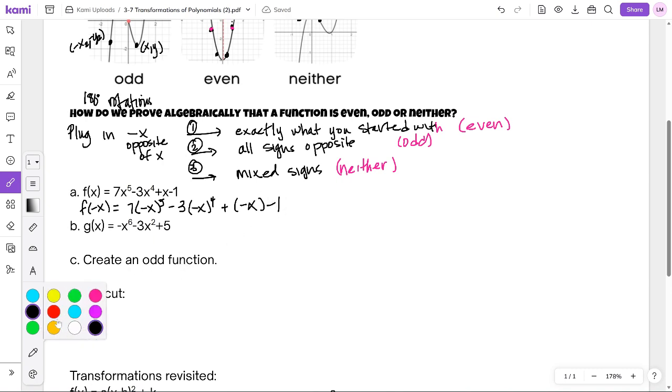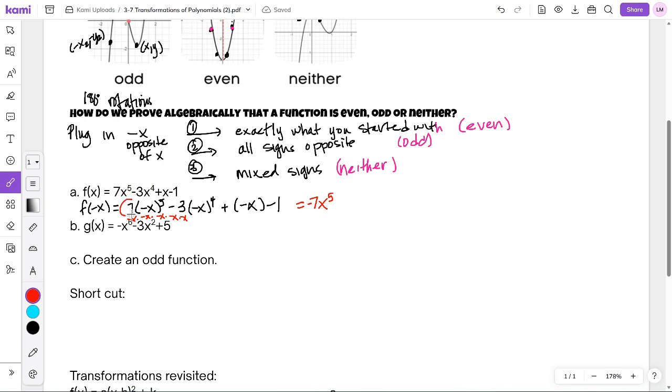Okay, so let's see what happens. So 7 times the opposite of x to the 5th, that would be 5 negative x's multiplied together. If I multiply 5 negative x's together, it's going to spit out a negative, first of all. 1, 2, 3, 4, 5 negatives keeps it negative. And then x times x times x times x times x gives me x to the 5th. So I have negative 7 x to the 5th.